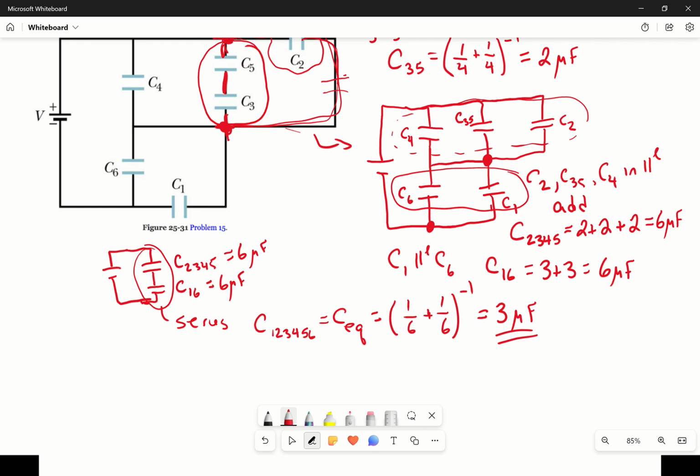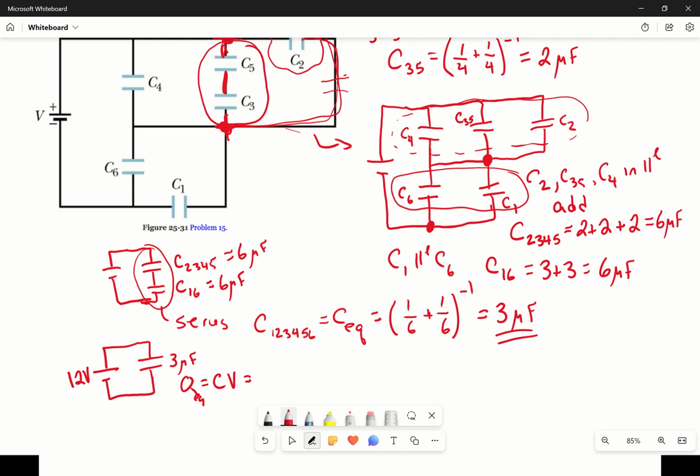And then we could work back and we could find what's the charge on each one. So let me draw my final circuit. So here I've got 3 microfarads, and I've got, what's my voltage? 12 volts. Okay, so 12 volts, 3 microfarads. What's the charge? Q equals CV.